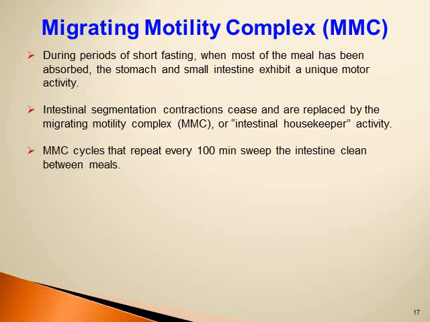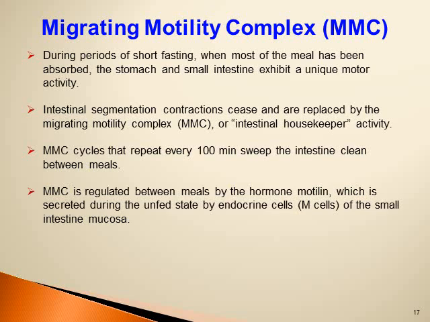Migrating motility complex cycles that repeat every 100 minutes will sweep the intestine clean between meals. MMCs are regulated between meals by the hormone motilin, which is secreted during the unfed state by the endocrine cells, the M cells that are present in the small intestinal mucosa. So they are one of the enteroendocrine cells present in the intestinal glands.